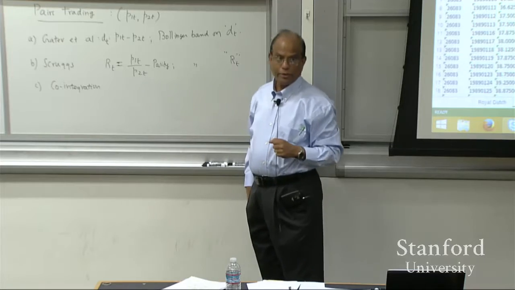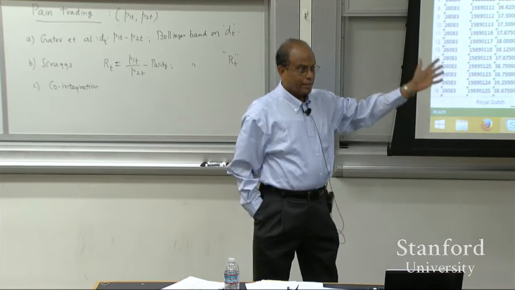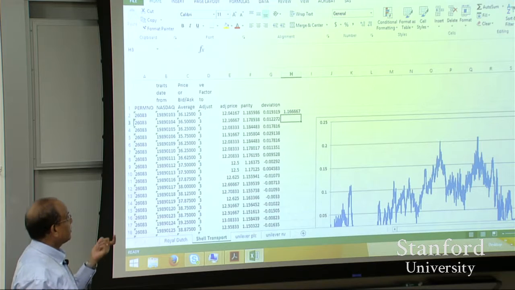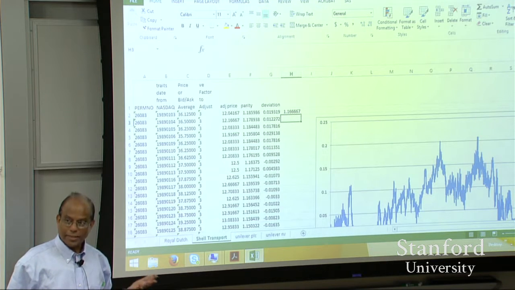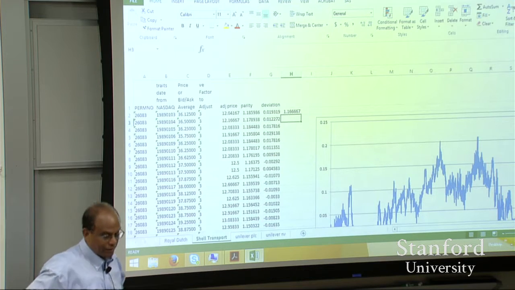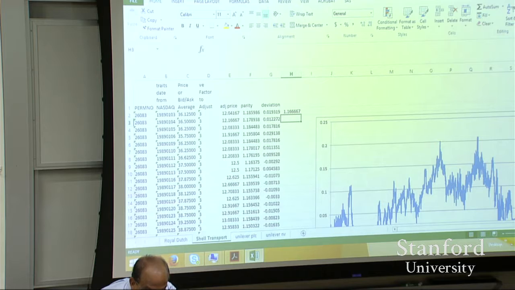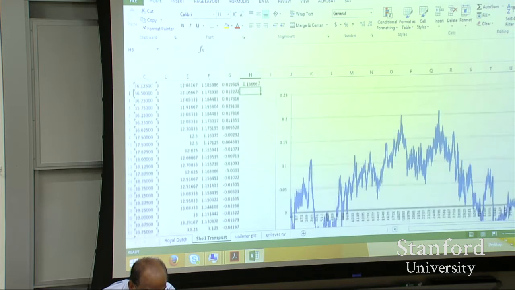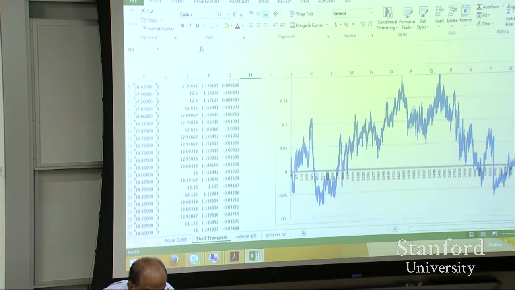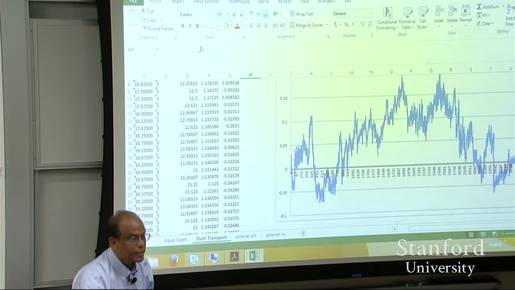P1T over P2T is the observed parity that I see. Whenever the difference between the two exceeds some limit, that means that you can swap one for the other. So the graph that is given here is the deviation from the parity graph.